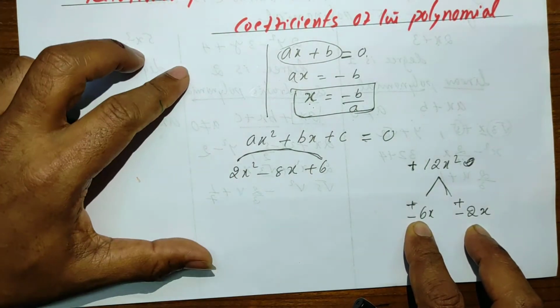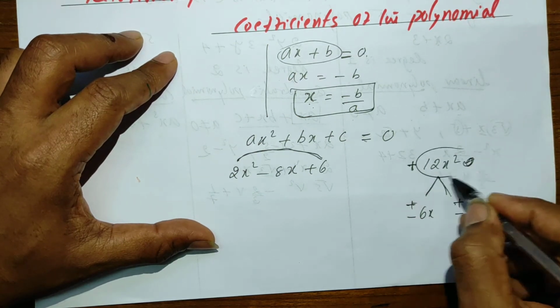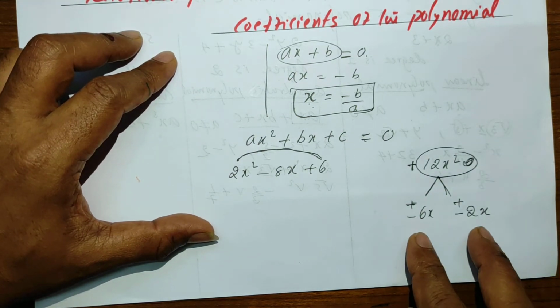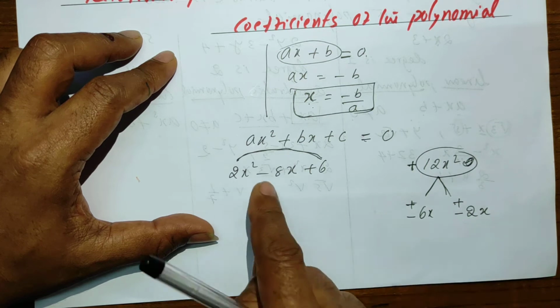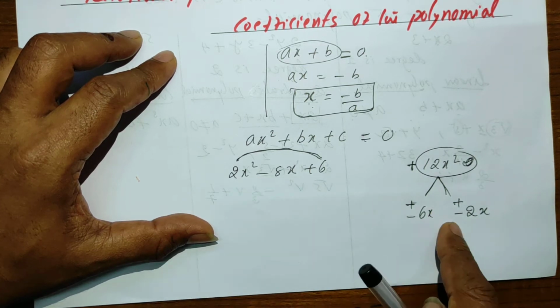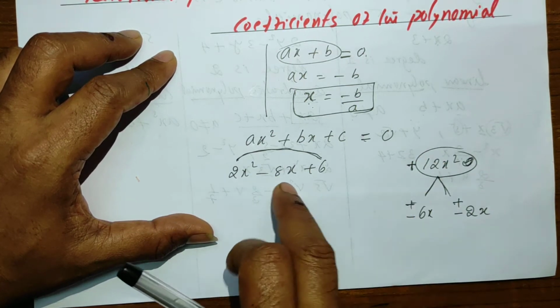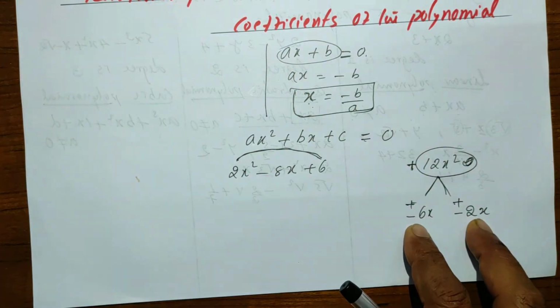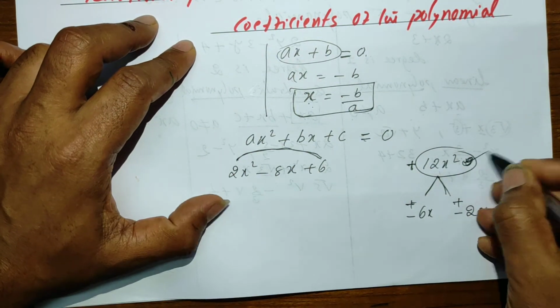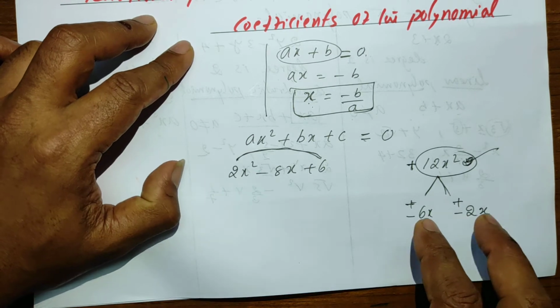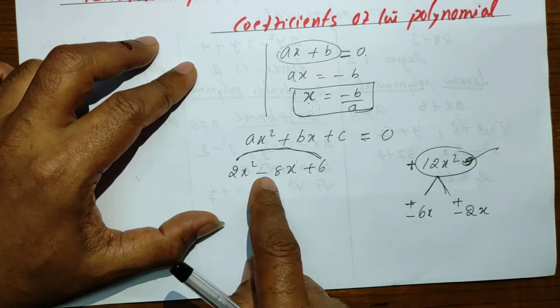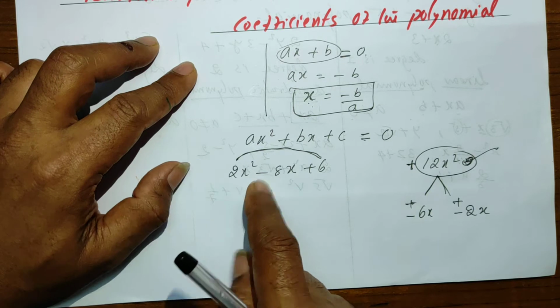The product of minus 6x and minus 2x is plus 12x square. If we add these two, you will get the middle term. So this has to satisfy the two conditions. The product should be equal to 12x square and sum of the factors should be equal to minus 8x.